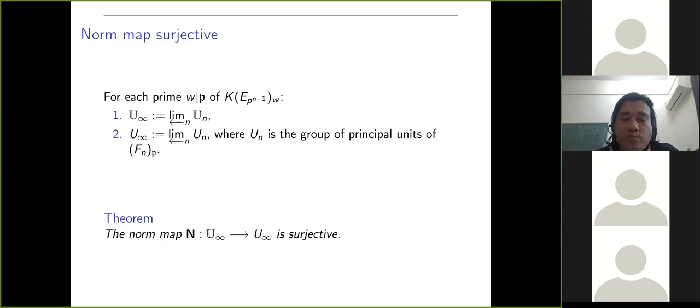And what one can show, using local class field theory, is that the norm map from bold U infinity to U infinity is a surjective map. So this is the first thing which I observed.